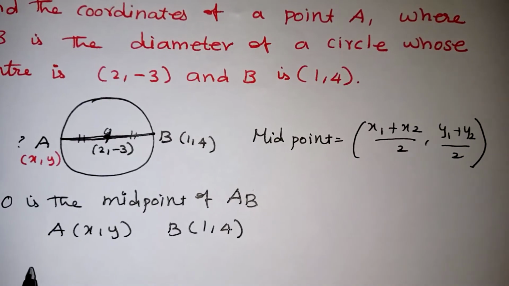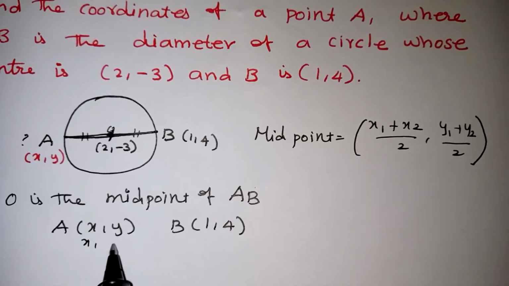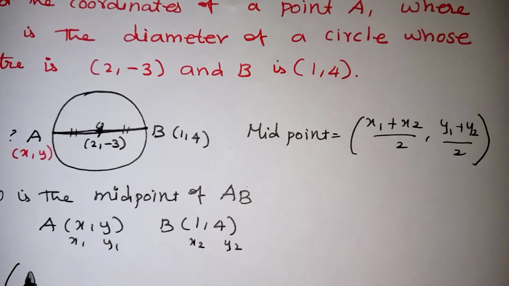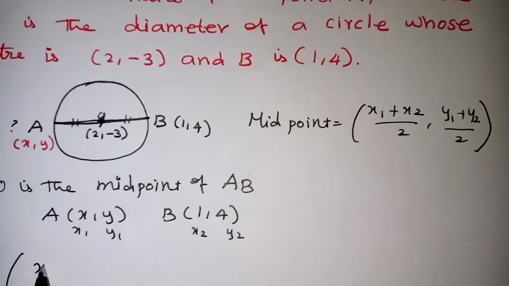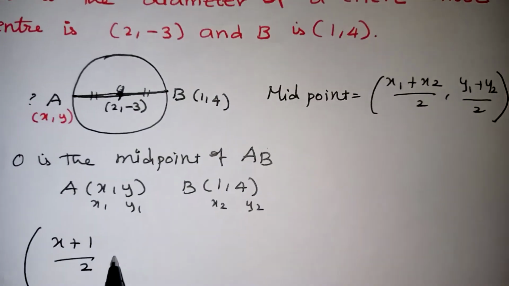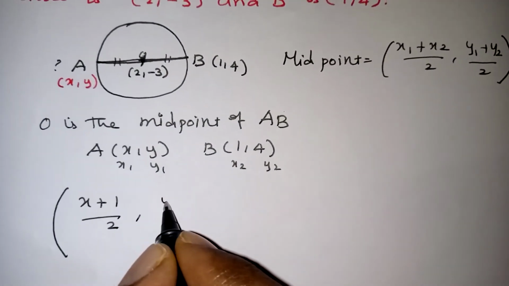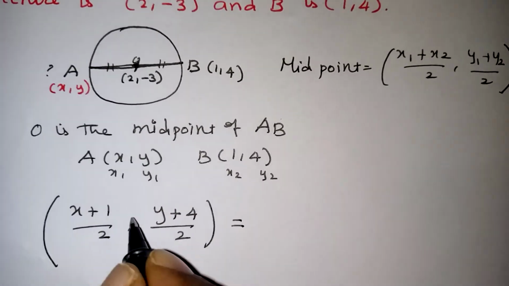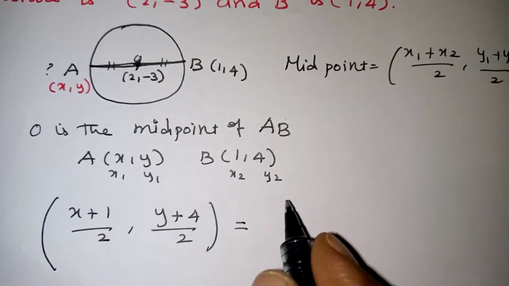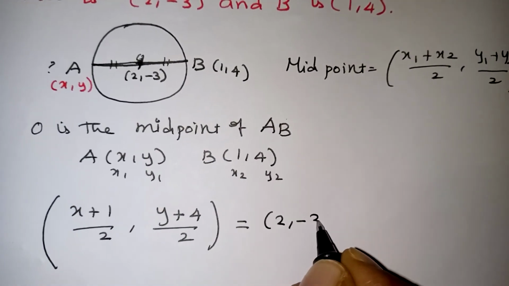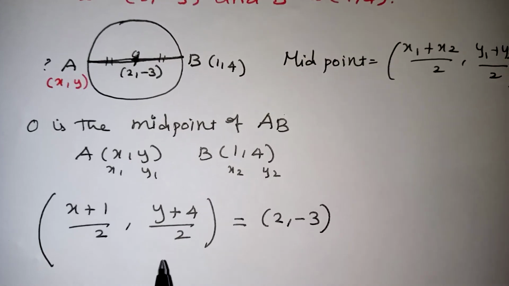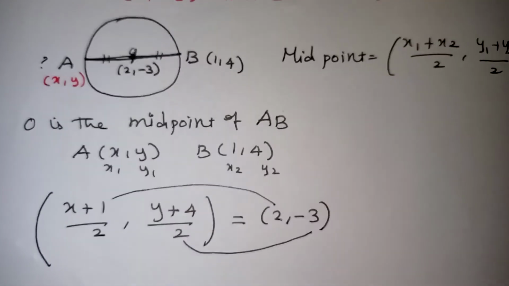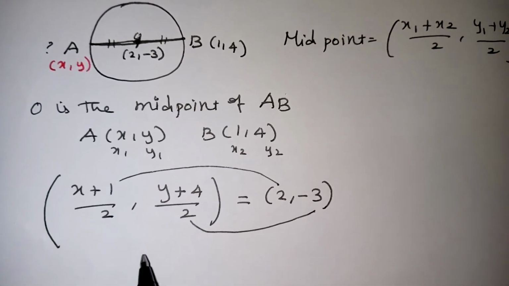So let us apply the midpoint formula now. This is your x1, y1, this is your x2, y2. Let's apply the midpoint now. This is x1 plus x2 by 2, y1 plus y2 by 2. That is x plus 1 by 2, y plus 4 by 2, which is equal to midpoint of AB, nothing but 2, minus 3. So we have to equate this value to 2, minus 3 only. Now the first point and the first point should be equated, and the second point and second point should be equated. Very easily we can equate.